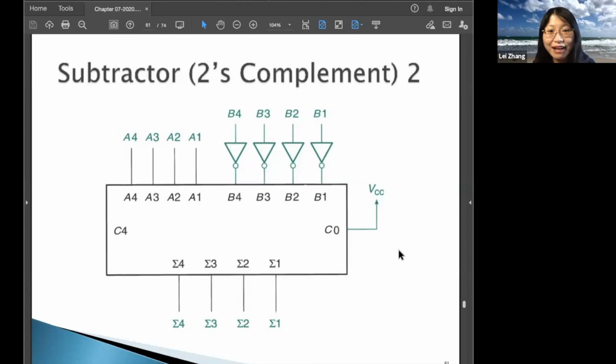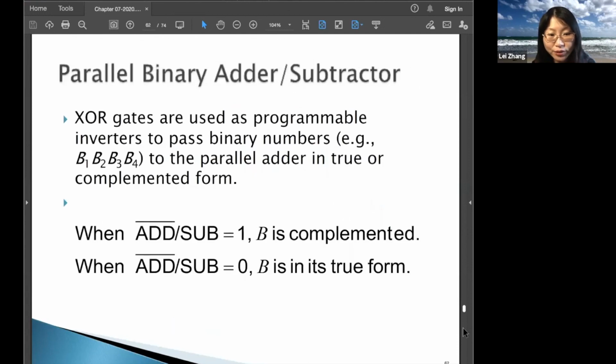So this is very clever, right? And it's very convenient because we don't need a unique subtractor in the hardware. And what is more interesting is coming up. We can use this one single adder to implement both adder and subtractor, by using an XOR gate, because an XOR gate can be programmed to be either its original form or its inverted, complemented format.